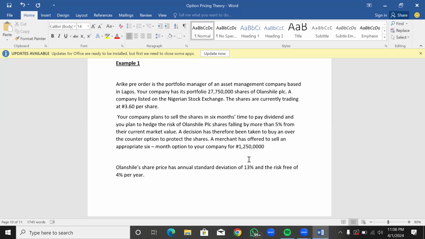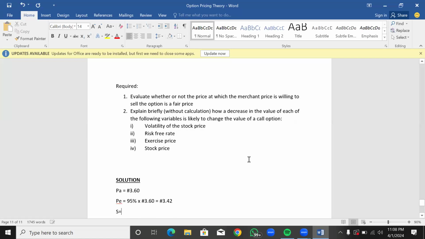So you do 0.05 times 3.60, which gives you 0.18. Then 3.60 minus 0.18 is 3.42. You automatically get the same answer, so you can either do 95% or 5%, whichever you deem fit.